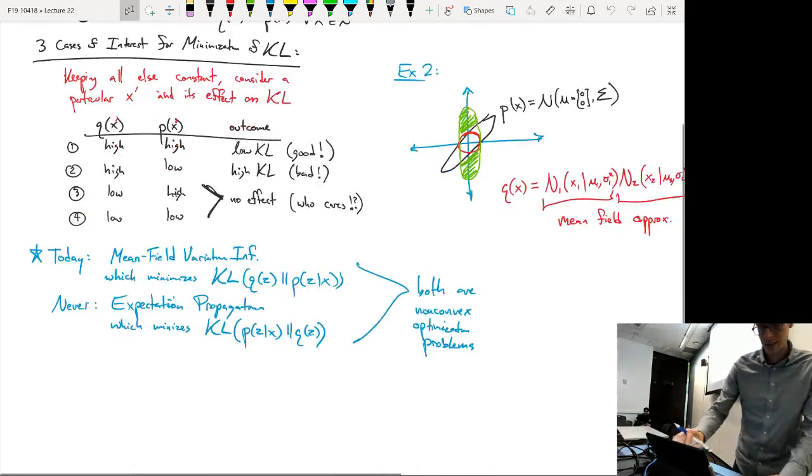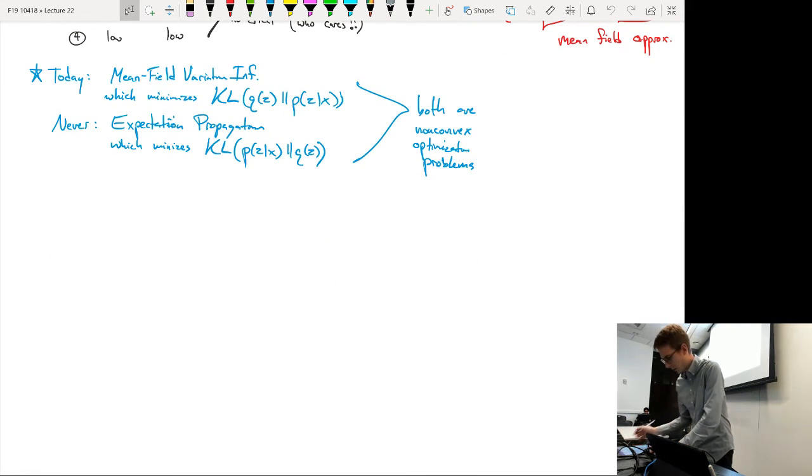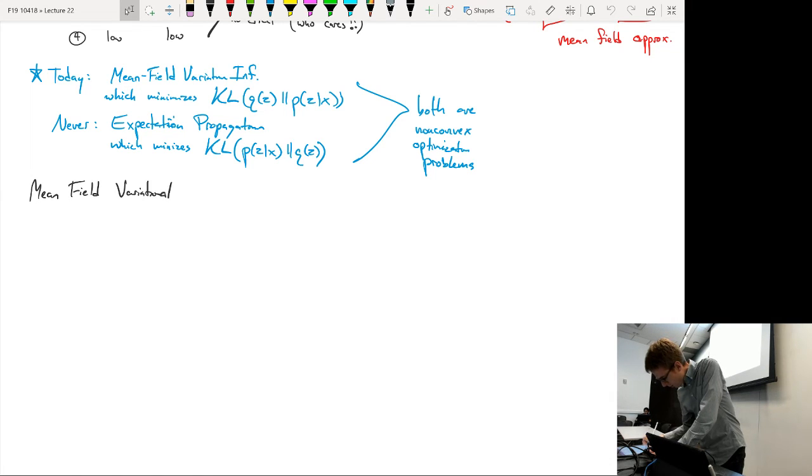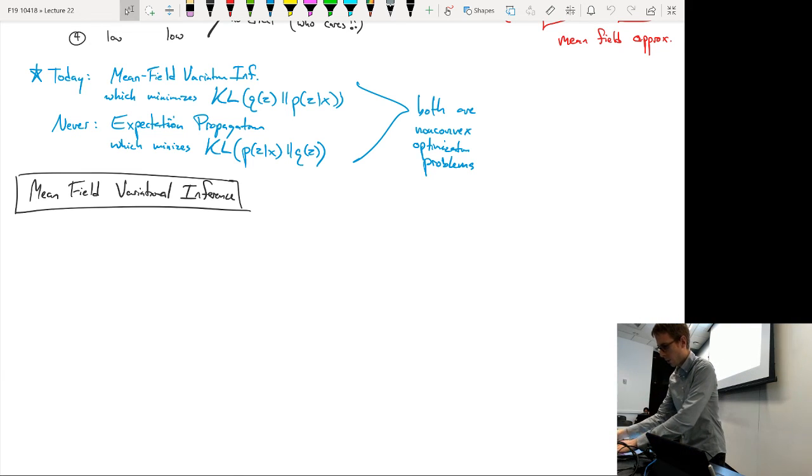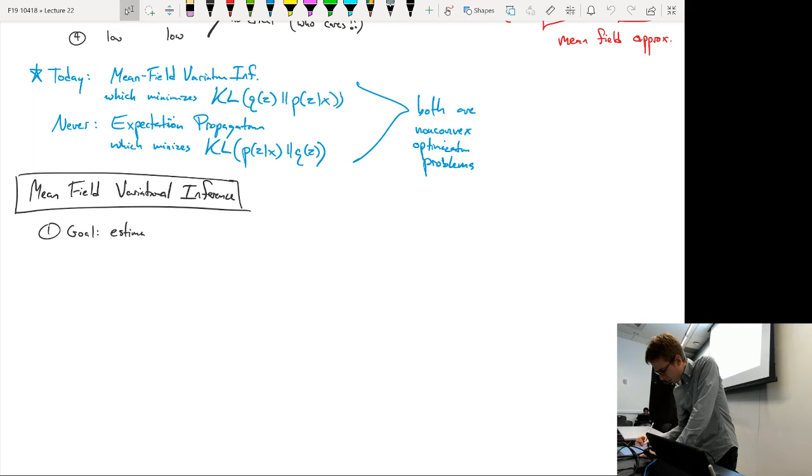So what does mean field variational inference look like? Today we're going to just outline at a high level what it looks like, and then next time we'll come back and actually derive it. So at a high level, the goal here is to estimate P of z given x.